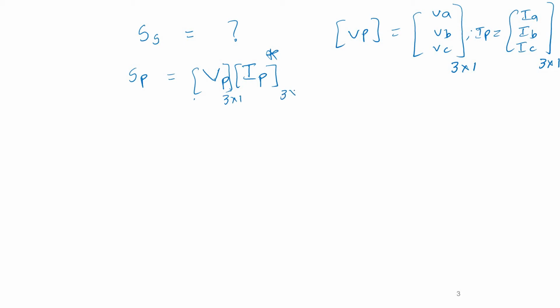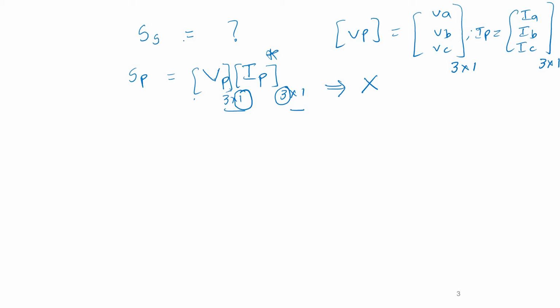If these two have the same dimension, we cannot perform the matrix multiplication. So what do we need to do? This and this should be the same number. If it is a different number, we cannot perform the matrix multiplication.